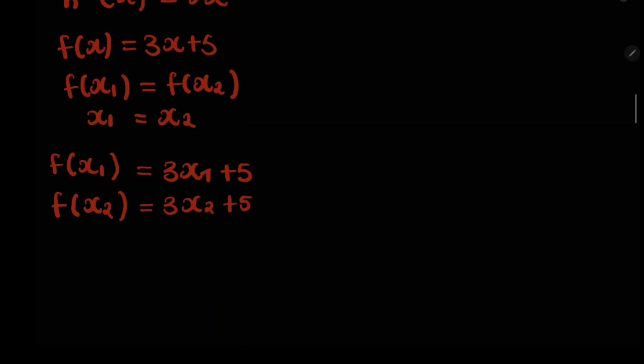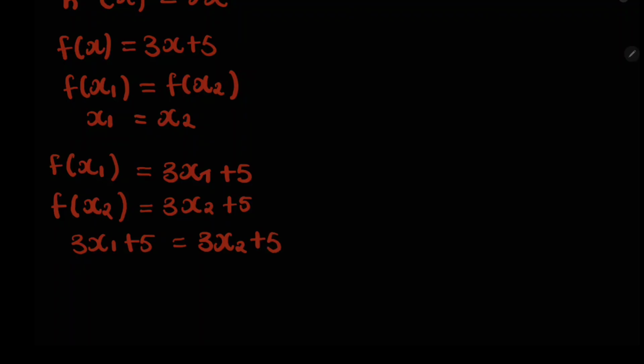So we need to equate them and see whether we are going to end up with x1 equal to x2. So let's equate them. We have 3x1 plus 5 equal to 3x2 plus 5. So this is what we have.